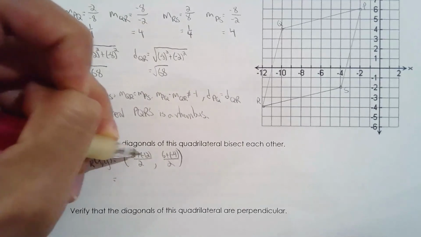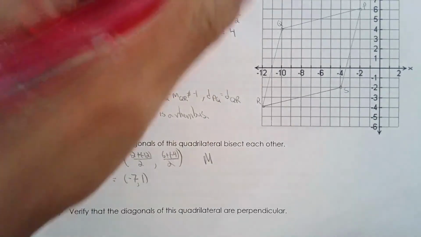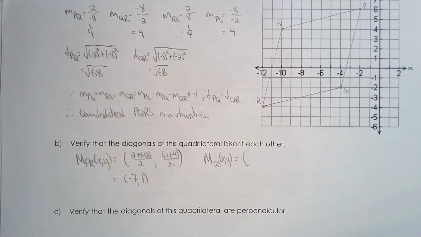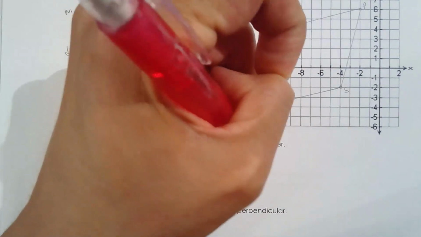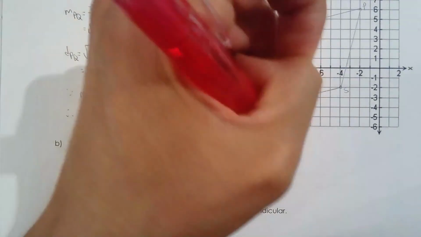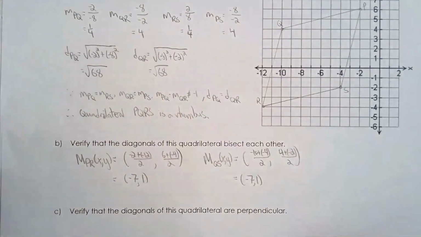So that's negative 14 over 2, which is negative 7, and 2 over 2, which is 1. What about the midpoint of the other diagonal, QS? It's negative 10 plus negative 4 over 2, and 4 plus negative 2 over 2. Hey, what do you know?